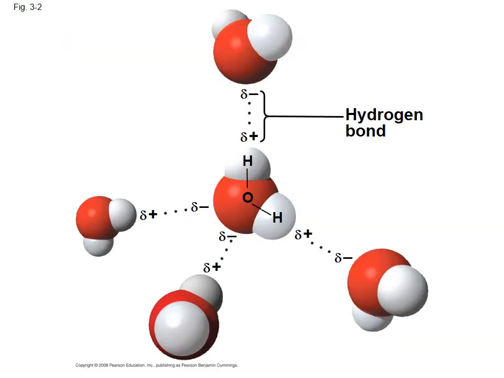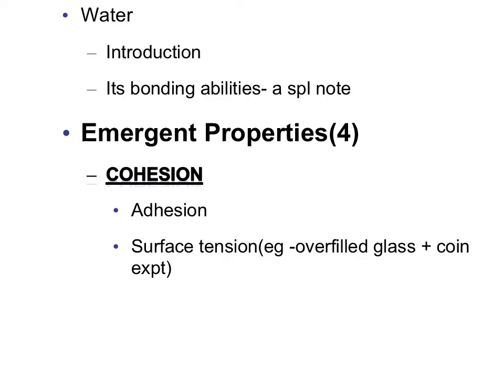So this is another way of expressing the whole process one more time. And because of that, water has 4 emergent properties. Now these 4 emergent properties, I have listed them out as a mnemonic to remember facts.